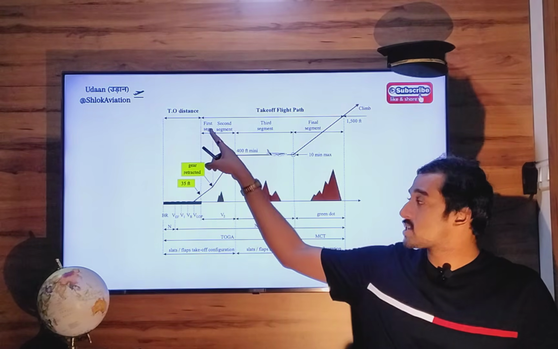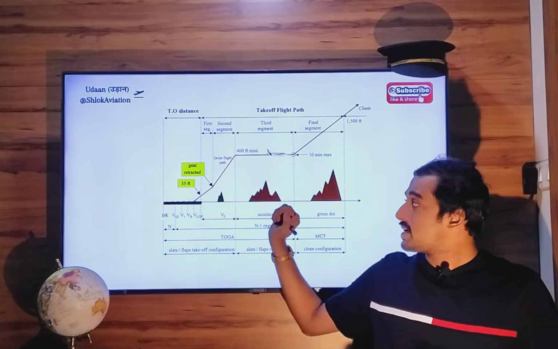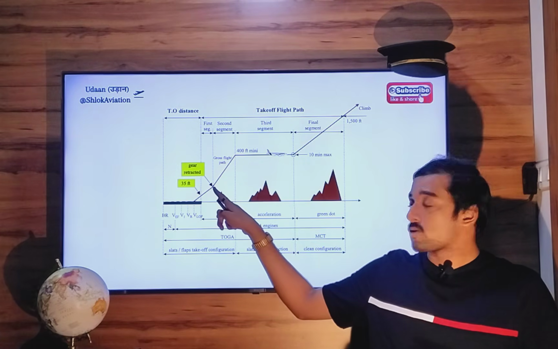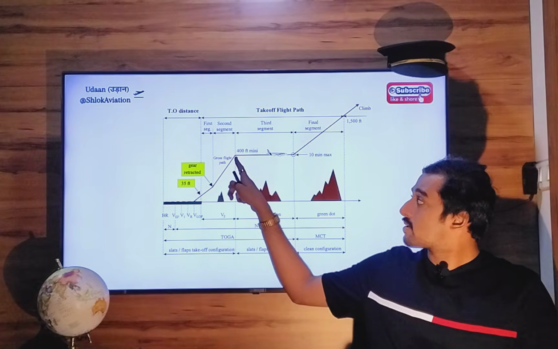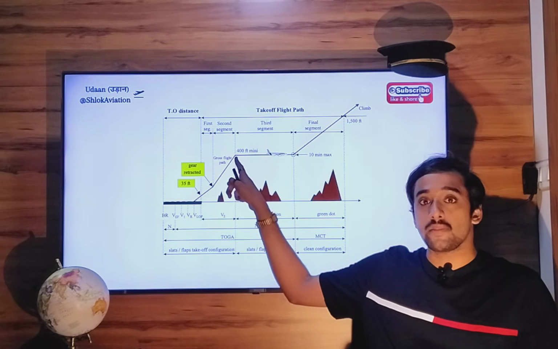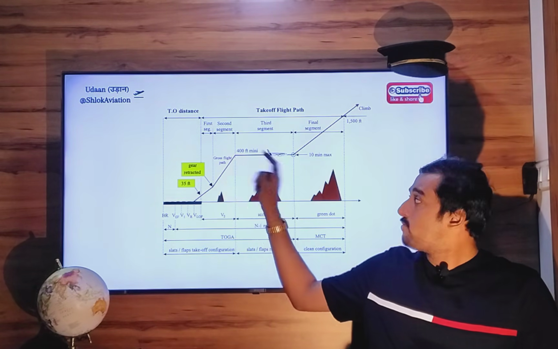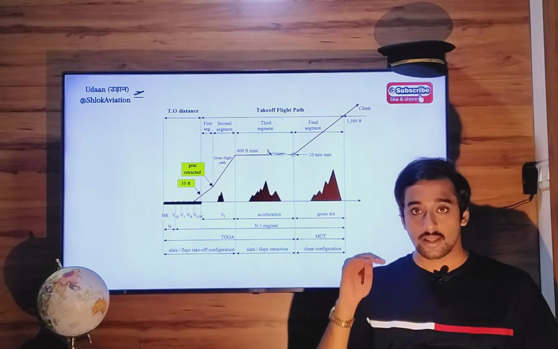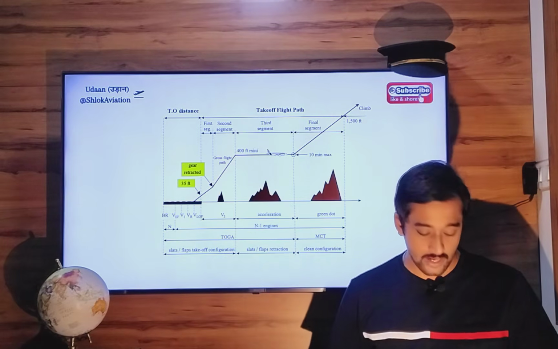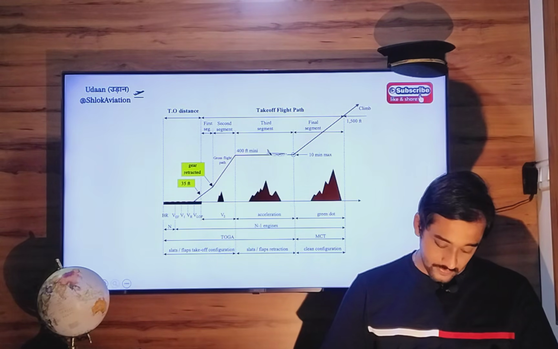That is your first takeoff segment. The second segment starts from the moment you retract your gear to the point where you reach 400 feet minimum altitude. That is the end of your second segment.